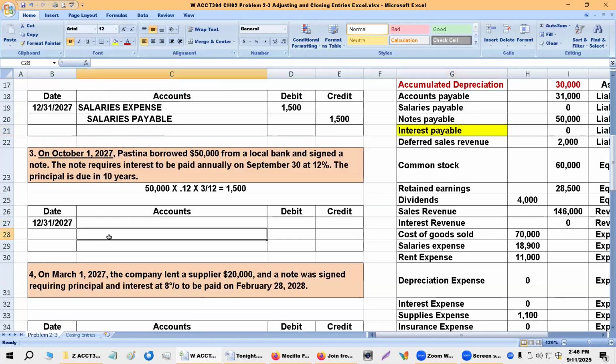And if you put up some kind of a payable. So interest payable is liability going up. You don't need to write that down. 1,500.